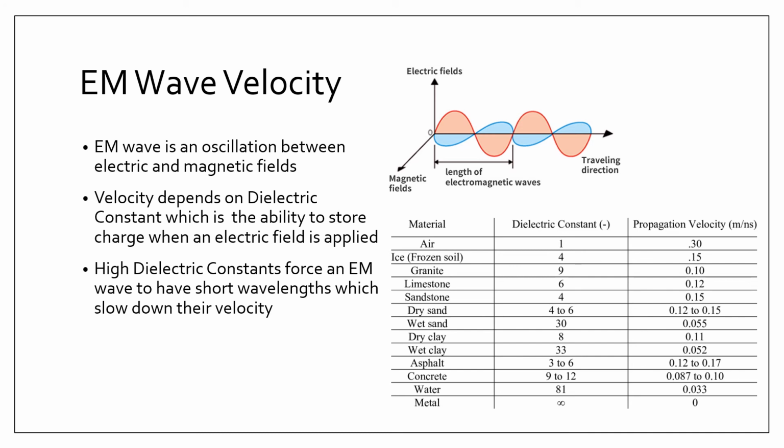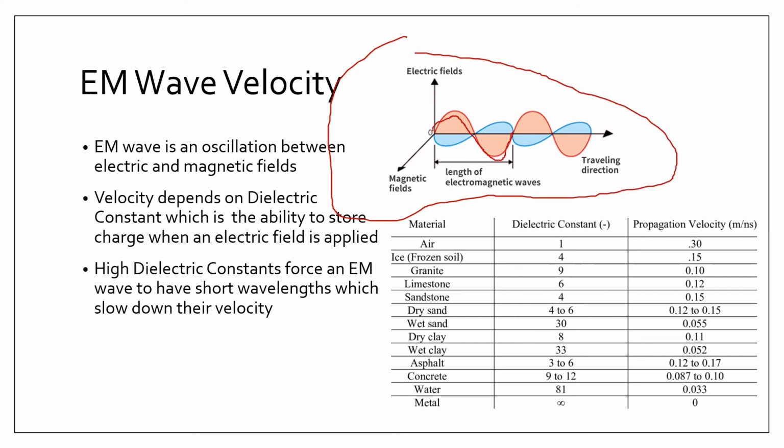Now, going back, an EM wave, or electromagnetic wave, is an oscillation or an alternation between electric and magnetic fields. As you can see here in this diagram, you have two oscillations, your electrical and magnetic oscillations.